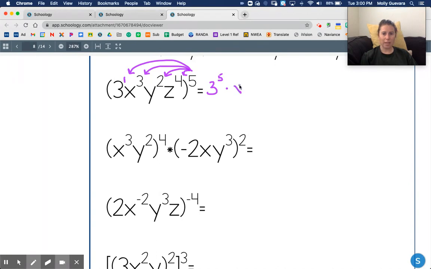Times x to the 3 times 5, which is 15. Maybe for the first one, we'll actually write it out. So 1 times 5, 3 times 5, times y to the 2 times 5, times z to the 4 times 5.